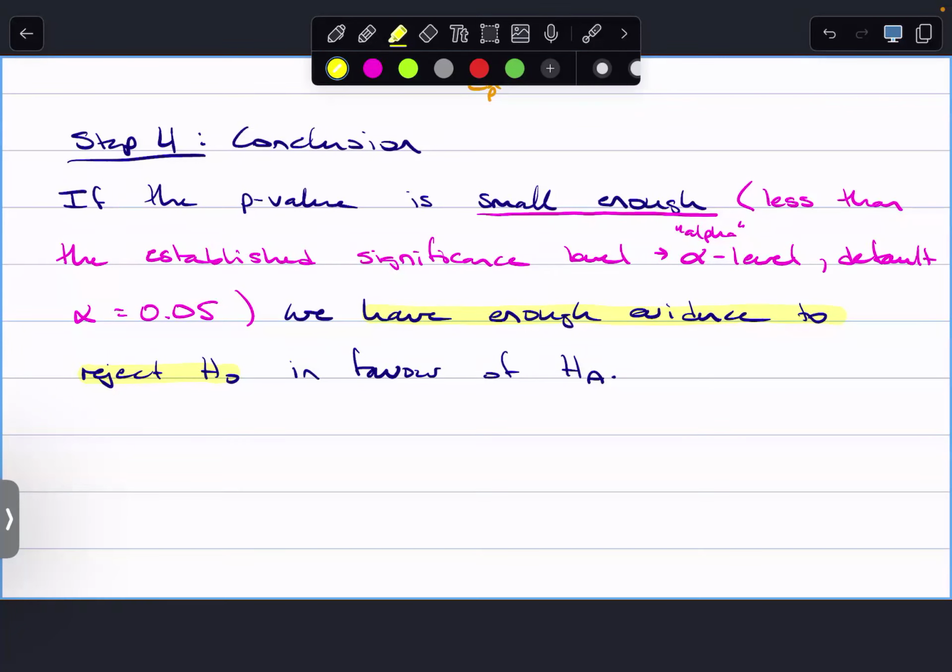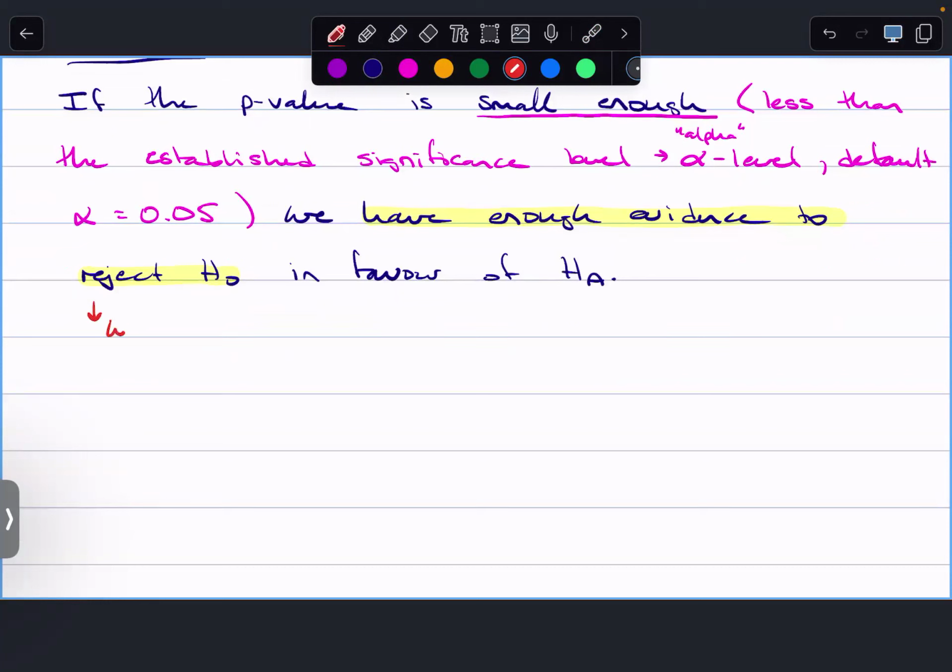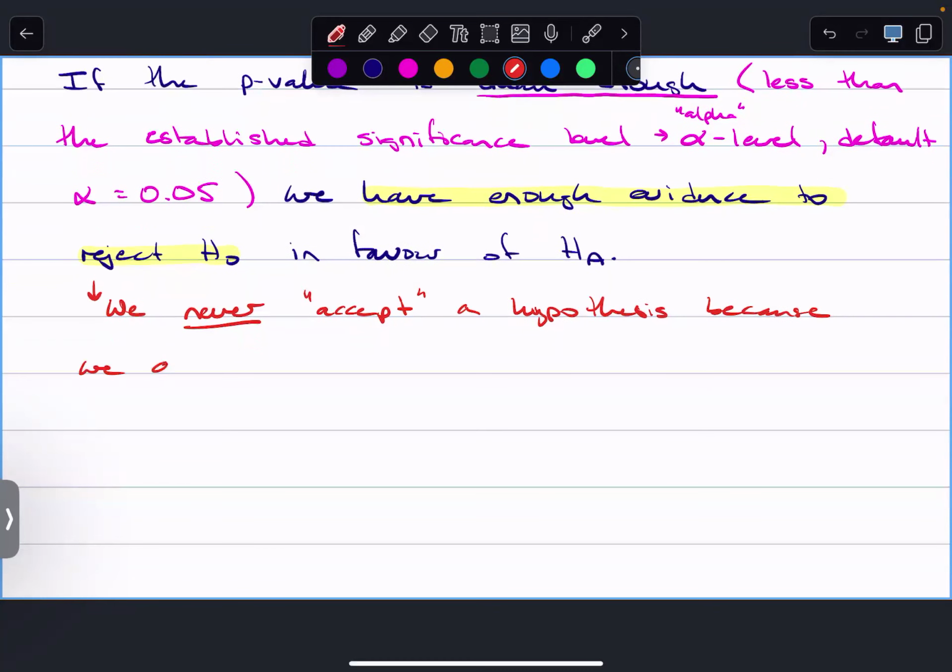It's really important that you don't say that you accept a hypothesis. The reason for that is because we're allowing a 5% chance of being wrong. We never accept a hypothesis because we allow for an alpha level.